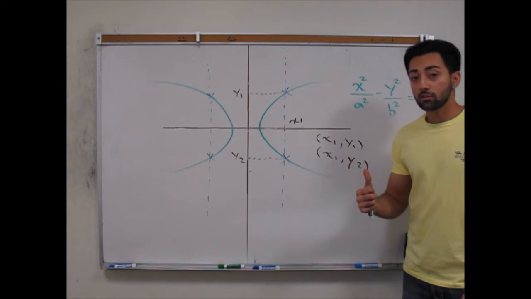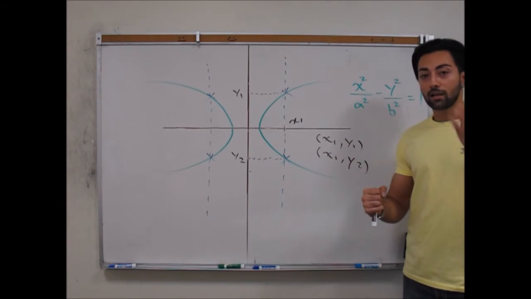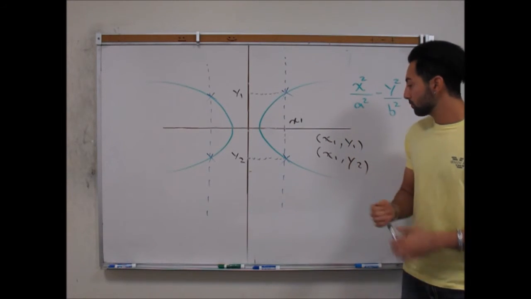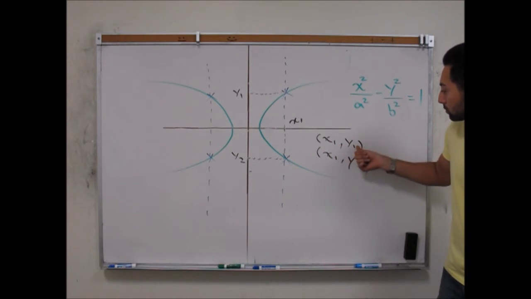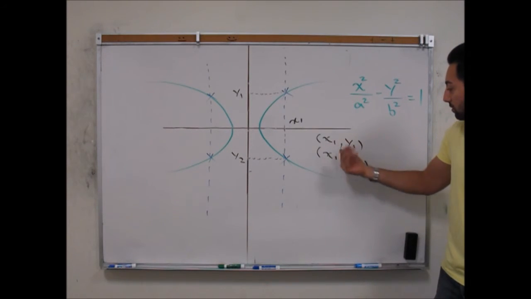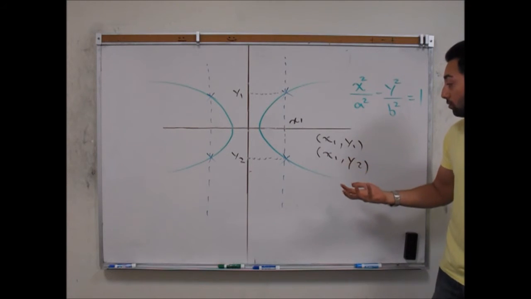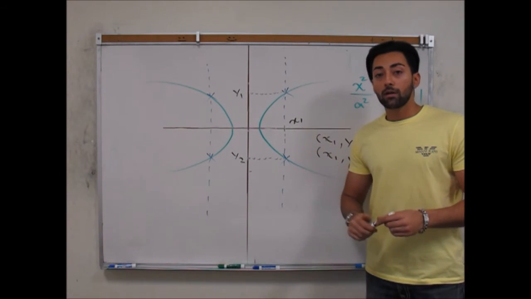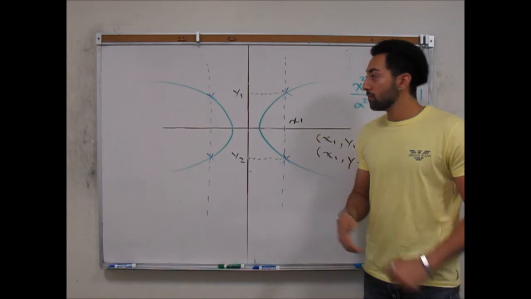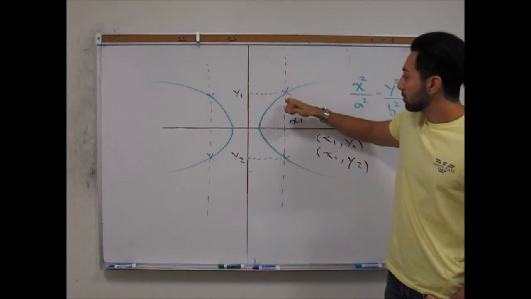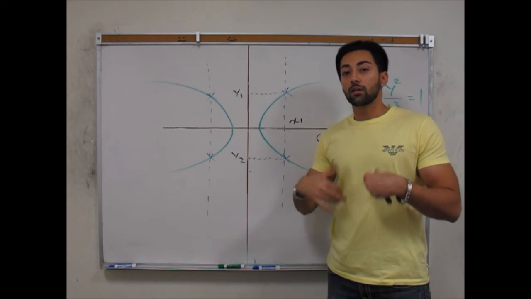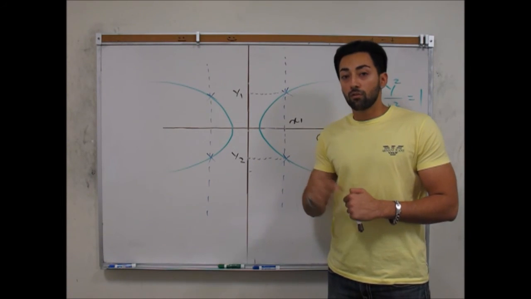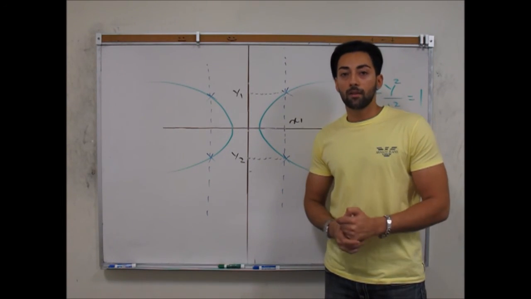By the function definition, every input has exactly one output affiliated with it. So at x1, I'm getting a value of y1, and at x1, I'm getting a different output, which is y2. That's really why, when we apply the vertical line test and it hits our graph more than once, we're saying that you're getting two outputs for that one input, and that's why it's not a function.